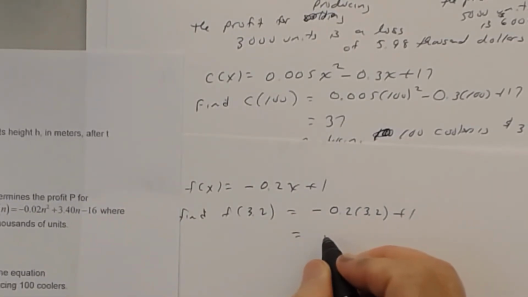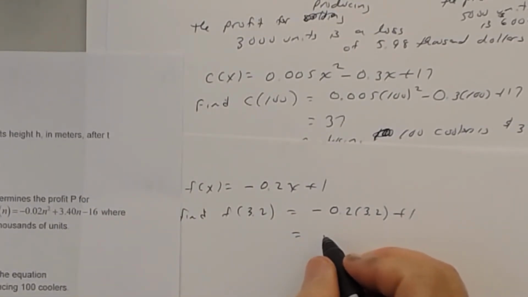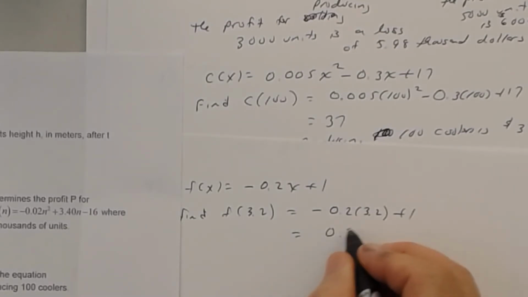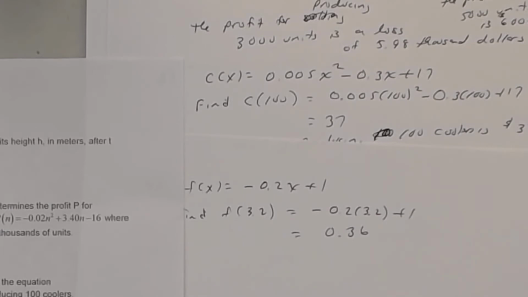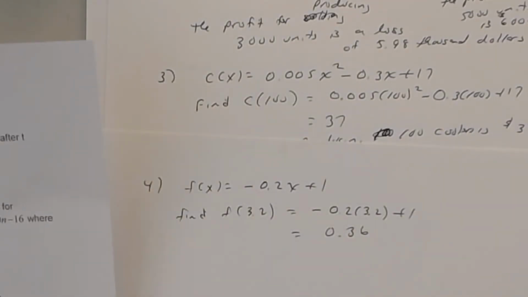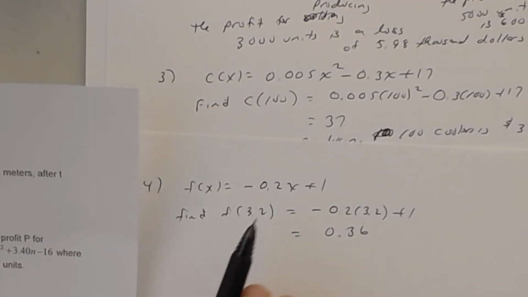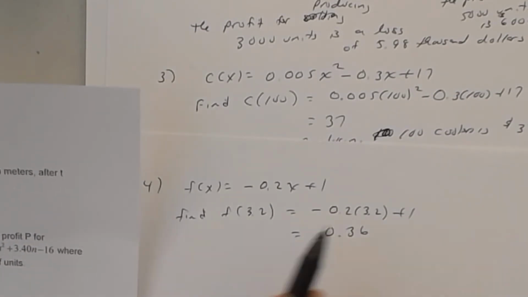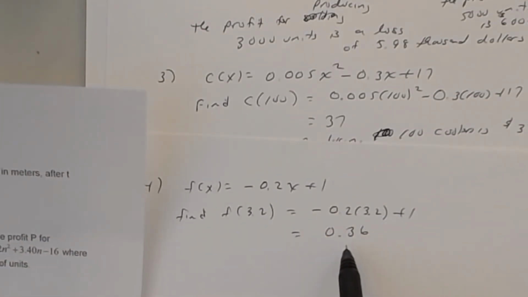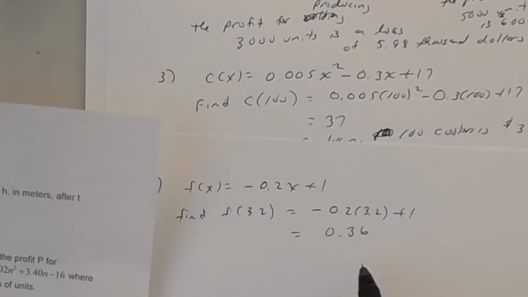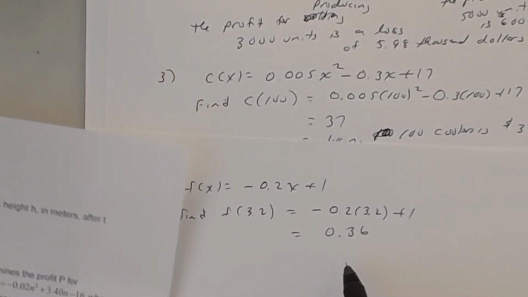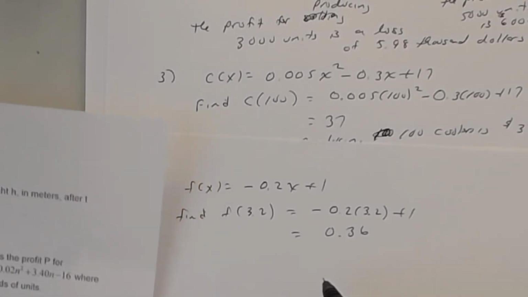So you're going to get like 0.36. Yeah. All right, 0.36. Now remember, the function f stands for the percent of battery life, right? So how do you convert a decimal to percent? You move the decimal point 2 places to the right. So 0.36 is really what percent? 36%.